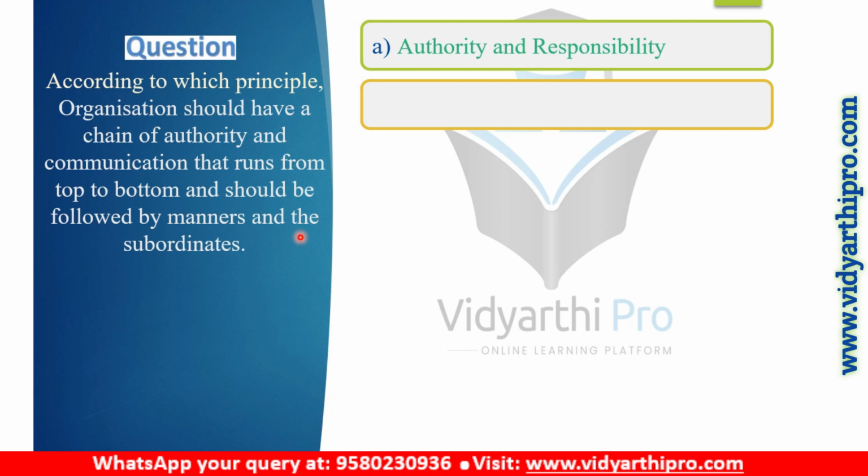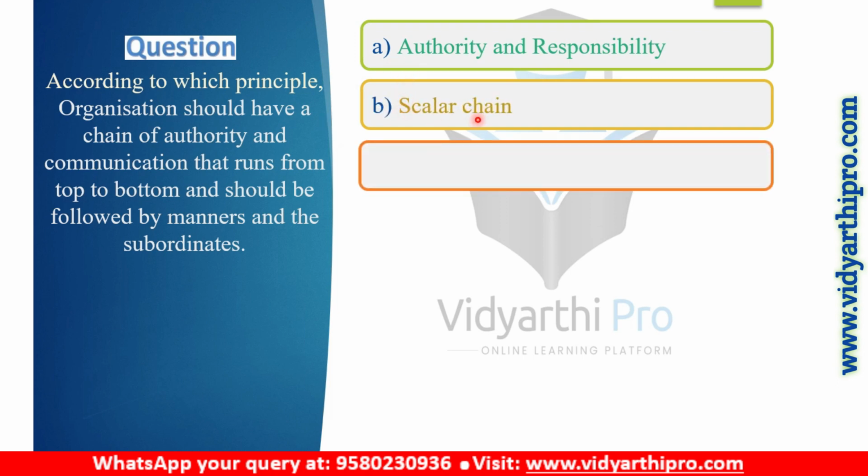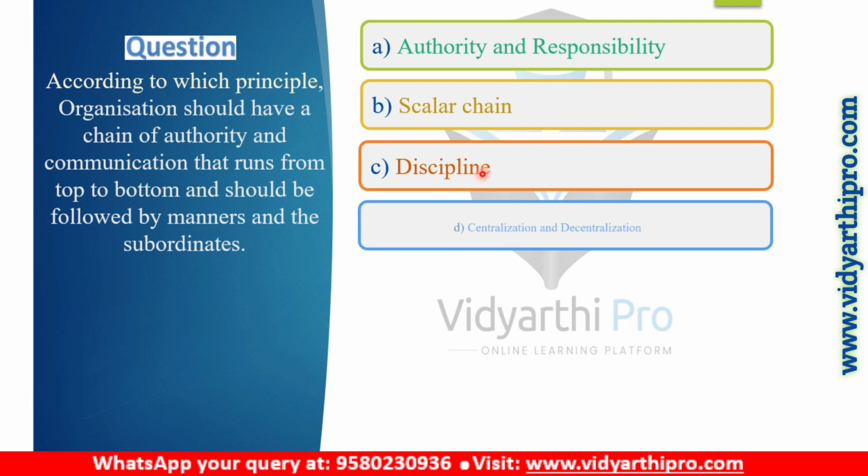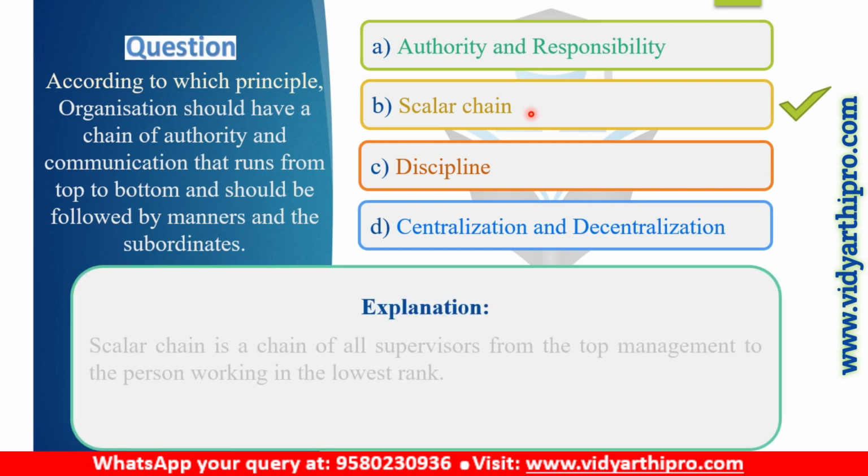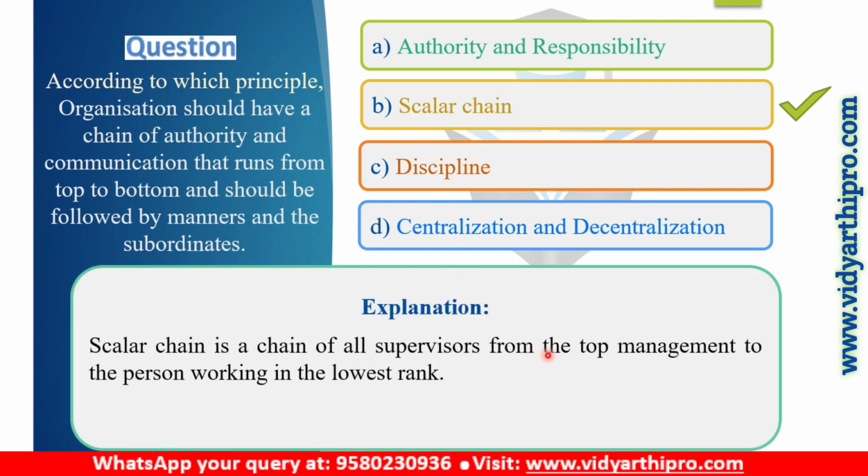And the options are option number 1, authority and responsibility; option number 2, scalar chain; option number 3, discipline; and option number 4, centralization and decentralization. And the correct answer is option number 2, scalar chain. Scalar chain एक ऐसा chain of all supervisors है from top management to the person working in the lowest rank.